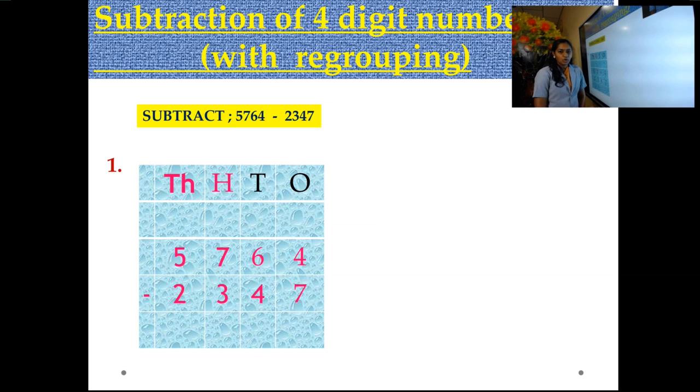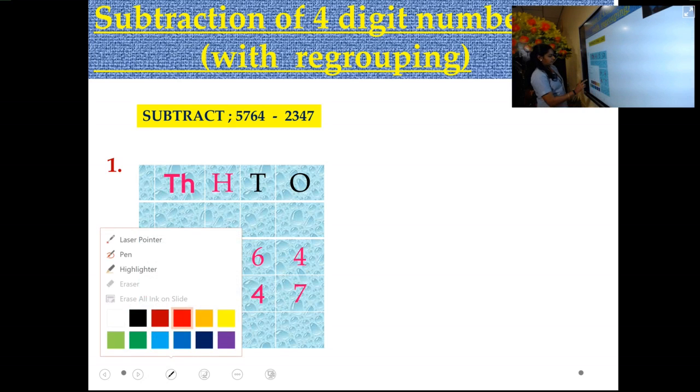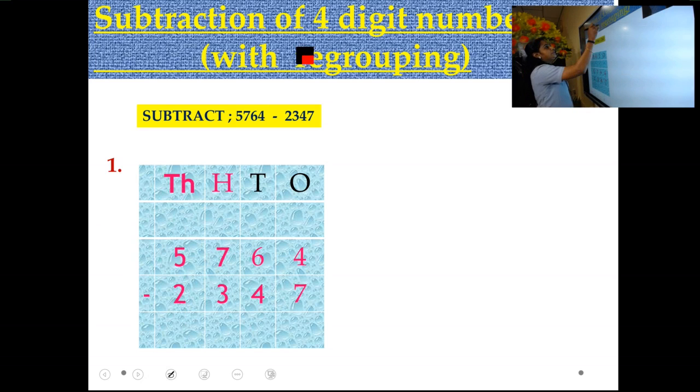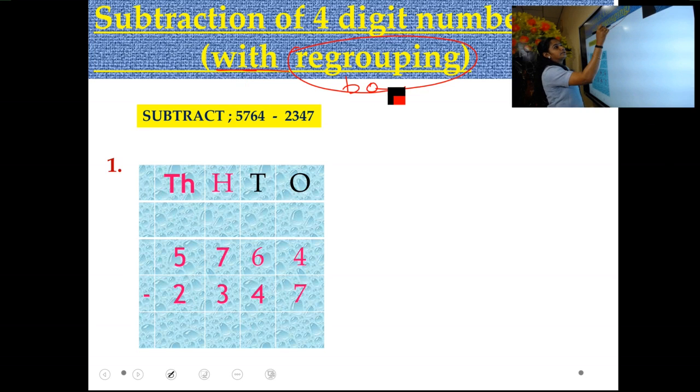Today we are dealing with subtraction of 4-digit by 4-digit with regrouping, or we can say with borrowing.